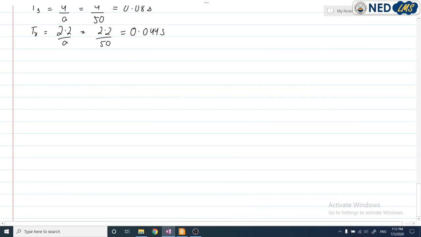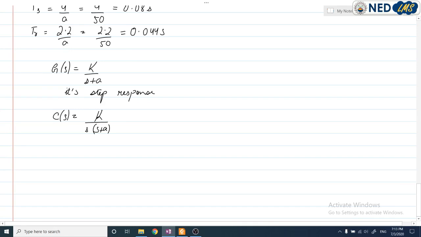So I can write its transfer function as K upon S plus A, and its step response will be C of S equals K upon S plus A. So here we apply step input.